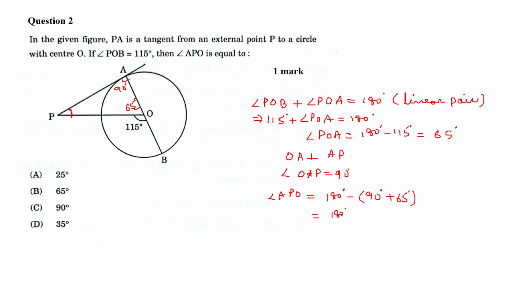So 180 degree minus 155 degree gives the answer as 25 degree, option A. I am giving you the detailed explanation, and wherever required I am explaining the theorem also, because from this chapter many times theorem also comes. Now I am moving to question number 3.